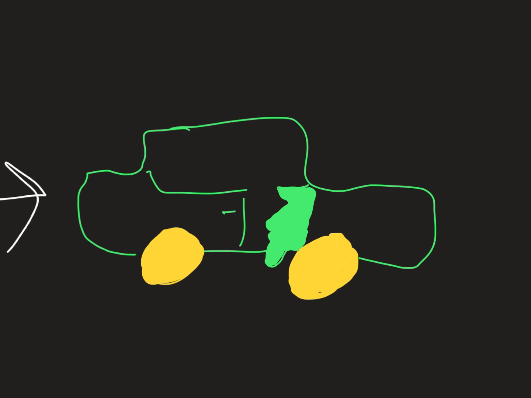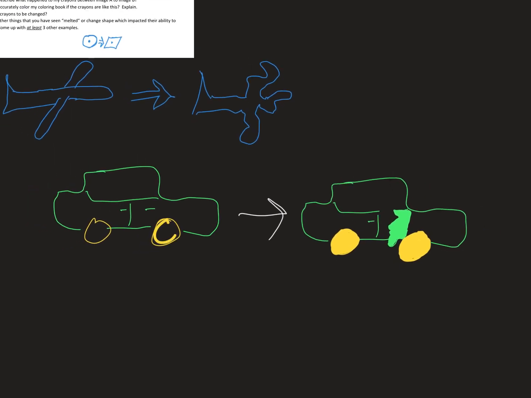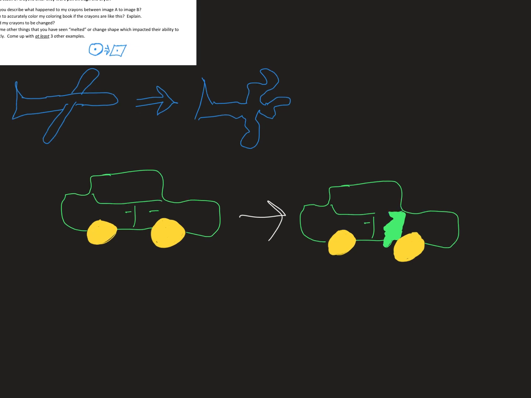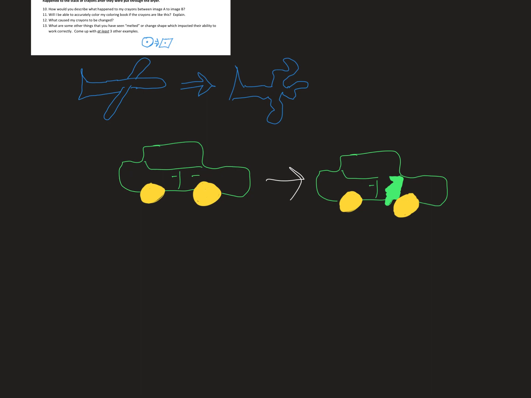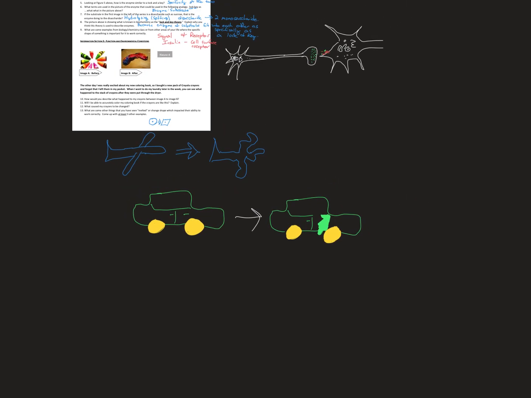The point is, if the door no longer closed because it didn't fit, the shape was misshapen because of a car accident, then it wouldn't work anymore as a door, would it? So there's the 3 examples. I hope that helped.